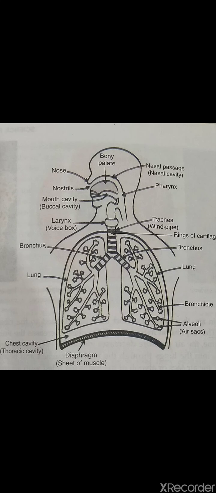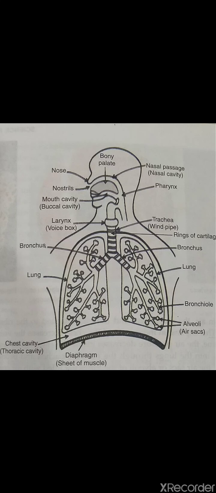So each bronchus divides in the lungs to form a large number of small tubular structures called bronchioles. The smallest bronchioles have tiny air sacs at their ends called alveoli. Fine.